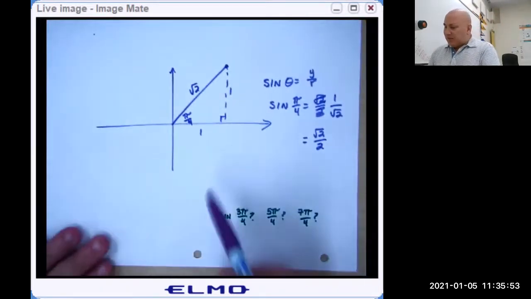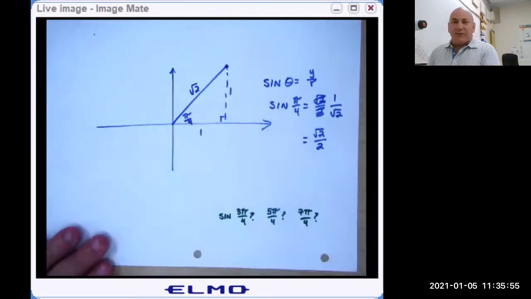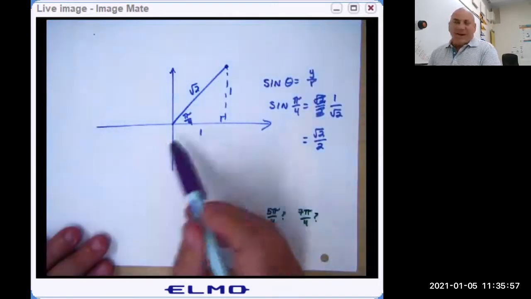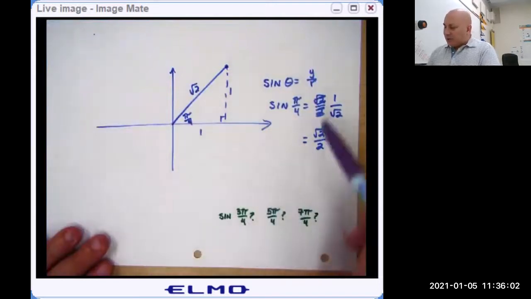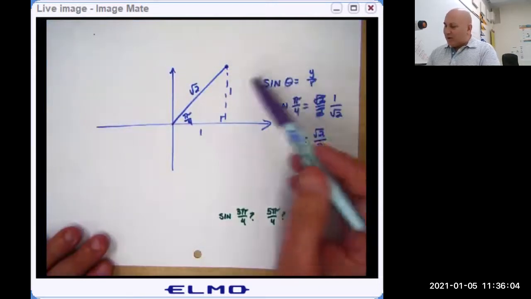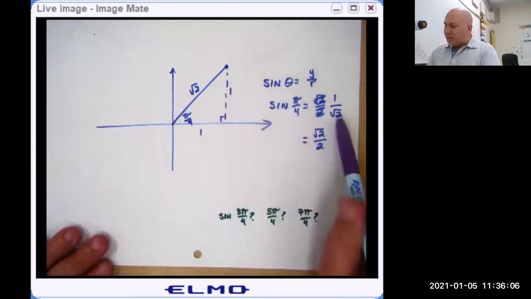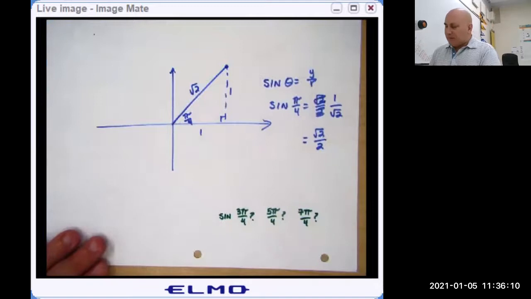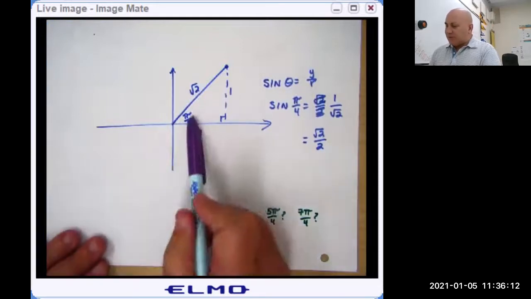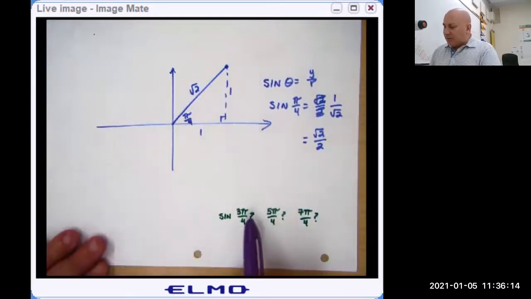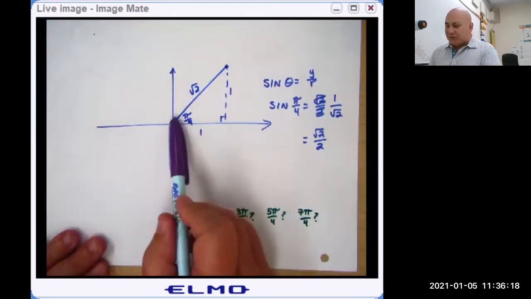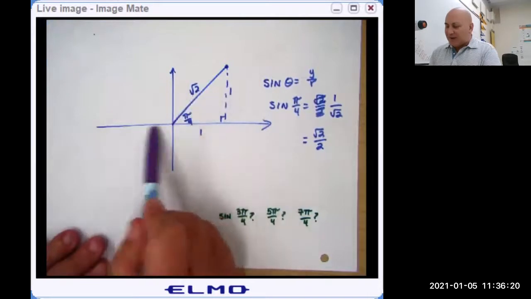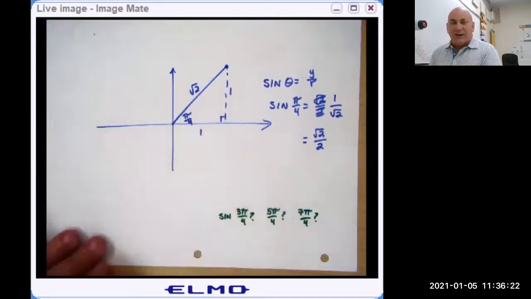So let's take a look at a pi over 4 angle, or 45 degrees. If I made a right triangle out of it, over 1, up 1, that's root 2. So the sine of theta is y over r, 1 over root 2, which is root 2 over 2. Now, that's a good first quadrant angle. 3 pi over 4 would be in the second quadrant because it's 3/4 of pi, and pi is a 180-degree angle.